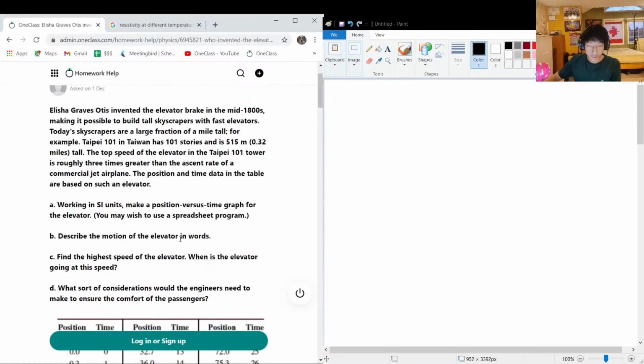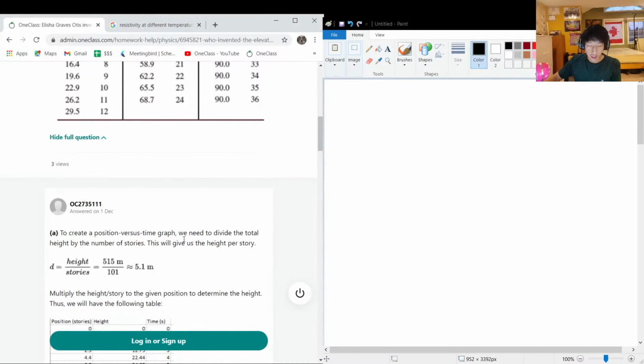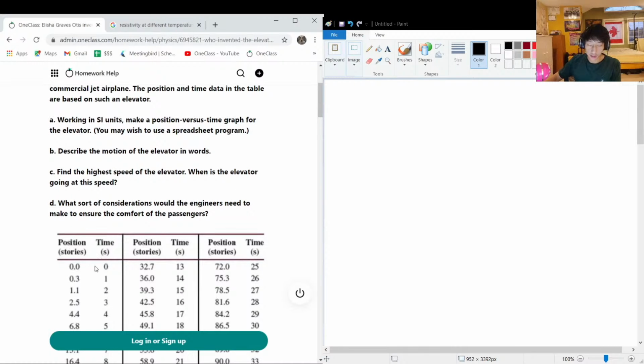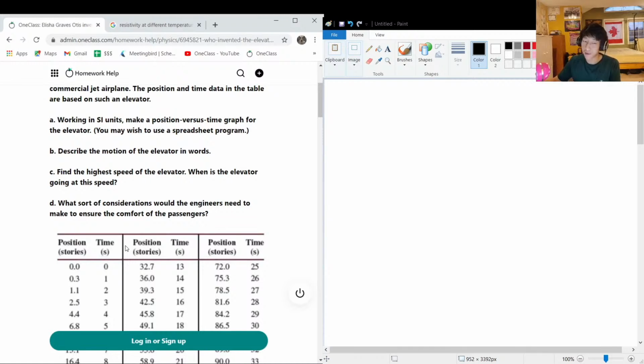Okay, so conveniently, it tells us the stories and its position in stories, but we need to break that down into a meter or a more common unit of measurement, because how long is a story, how big is a story?